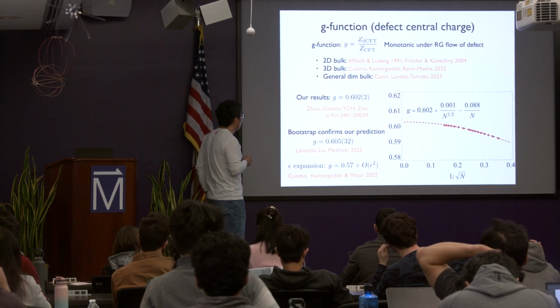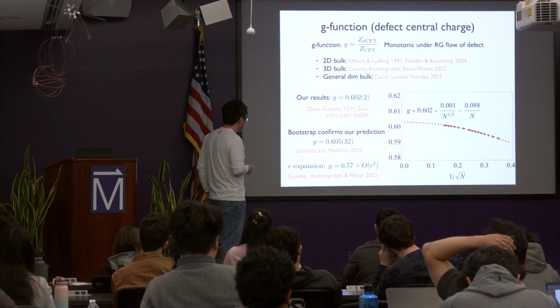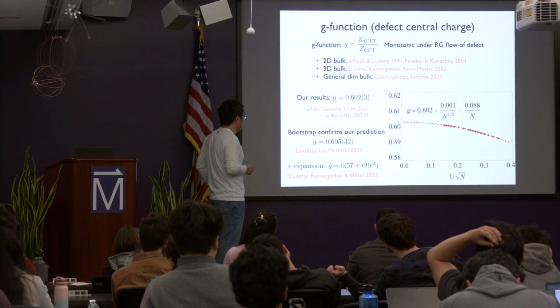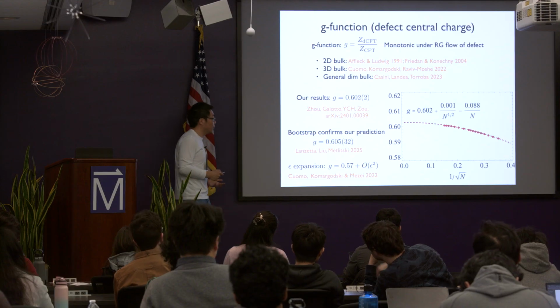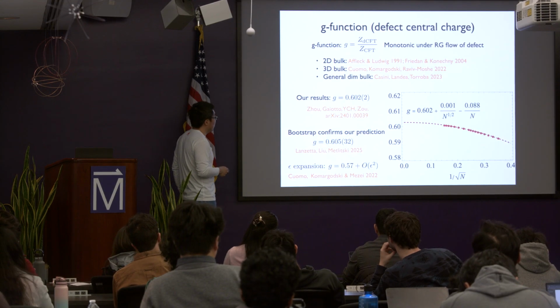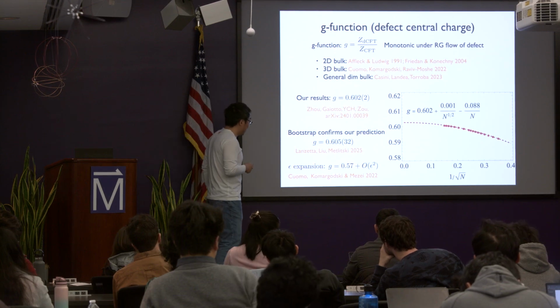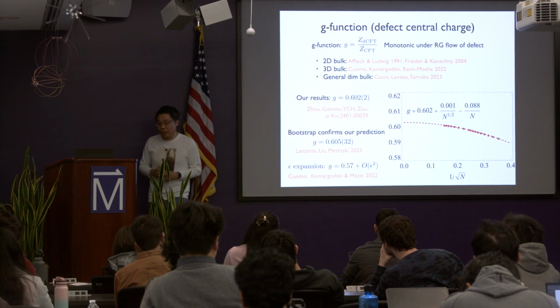It's a very nice example, because about one year later, people managed to use the rigorous conformal bootstrap to compute it, and they got these g-functions with rigorous error bars, and they really confirmed our predictions of these g-functions.